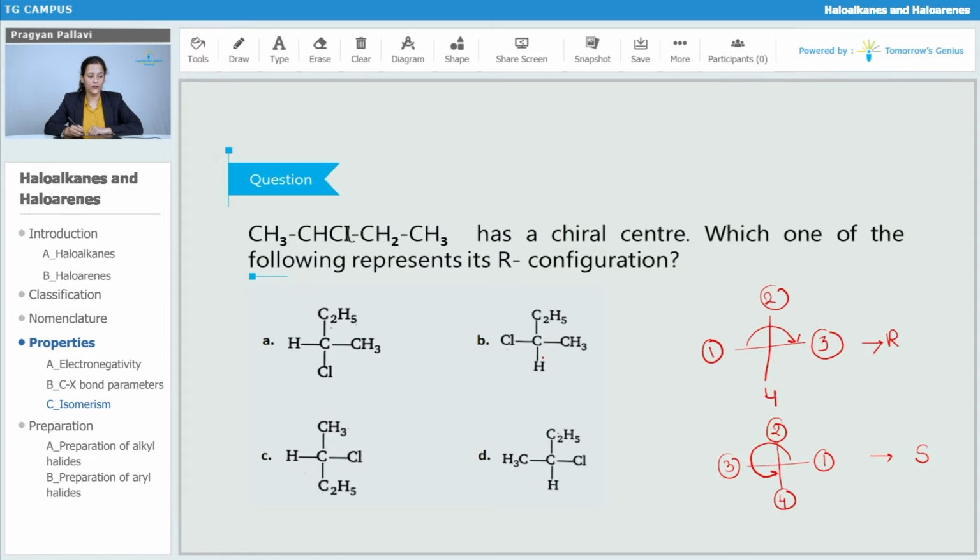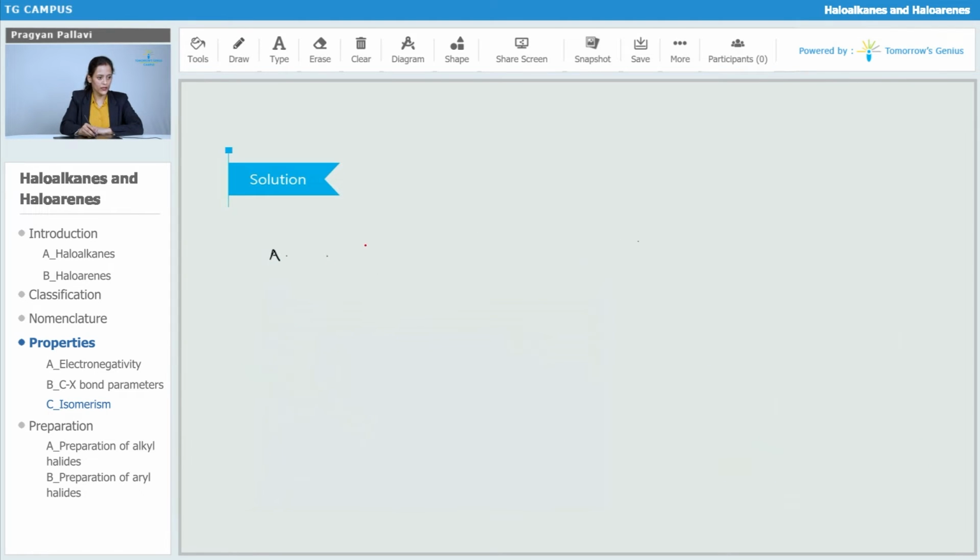So based on it, let's solve this question. If we have the lowest priority group in the horizontal position, let's say 4, hydrogen is always kept as the lowest priority group. Since it is at the horizontal position, we are going to swap the position. So let's redraw it.